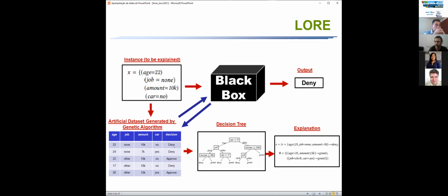And 50% of the instances are generated with the same label, and 50% with a different label. Then it gets this artificial data set and trains the decision tree and uses the decision tree to get the explanations.